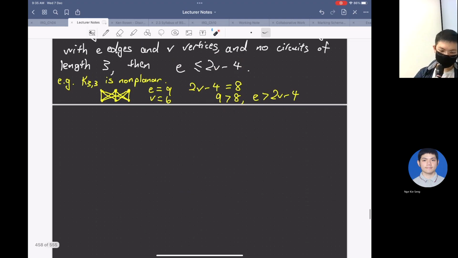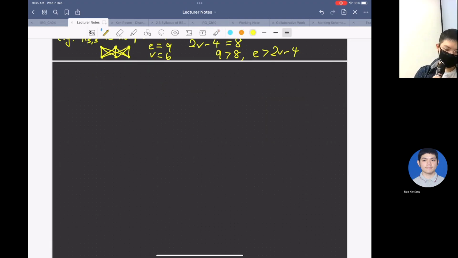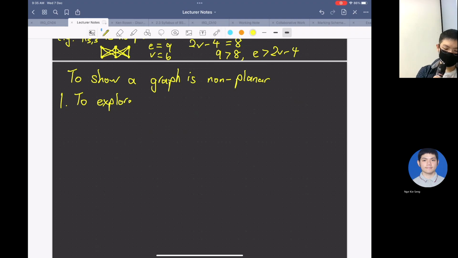So, to show the graph is non-planar, one way is to explore all the possibilities of getting a planar representation.